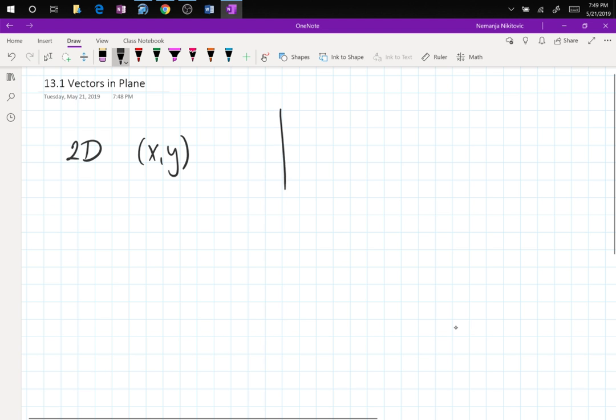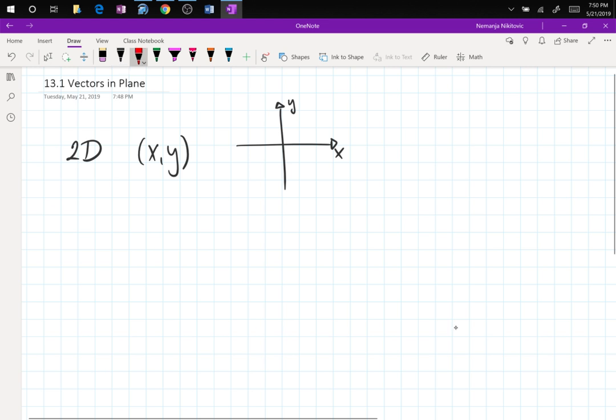We have our coordinate system where we intersect the x and y coordinate axes, and that's what we call the two-dimensional Cartesian coordinate system, also known as the rectangular coordinate system. So all of that good stuff that you know from before. And now we are going to introduce a mathematical concept called a vector.